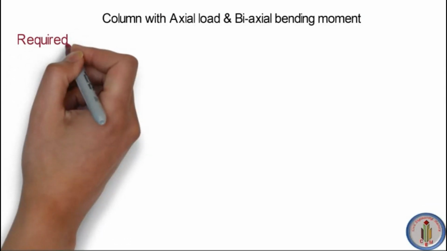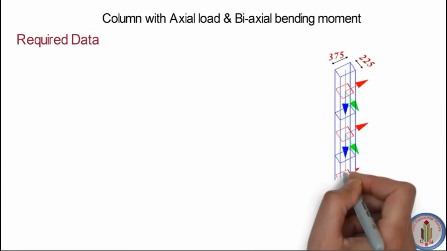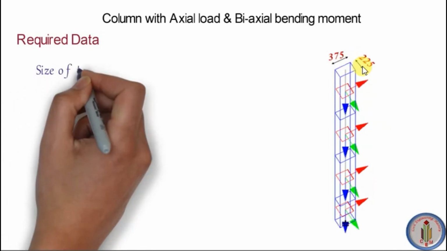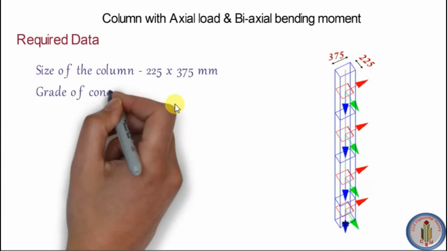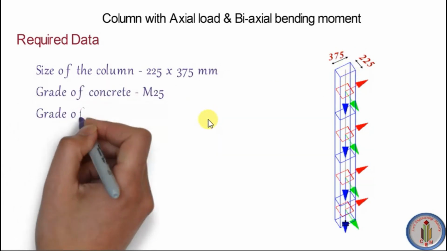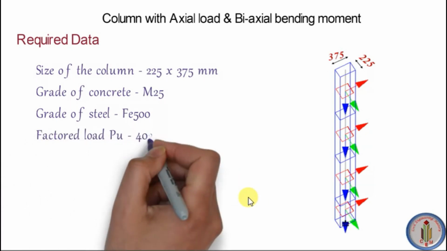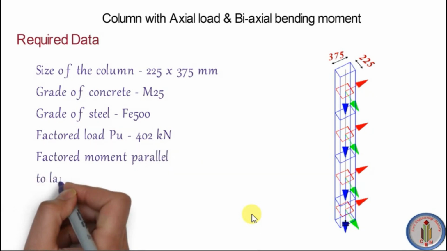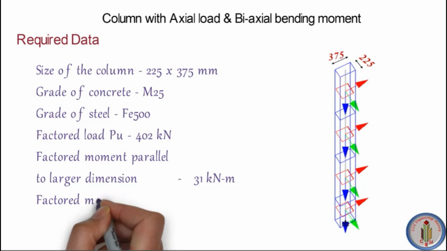Next, let's see the required data for designing the column. The size of the column is 225 by 375 mm, grade of concrete is M25, grade of steel is Fe 500, factored load is 402 kilonewton, and factored moment parallel to larger dimension is 31 kilonewton meter.